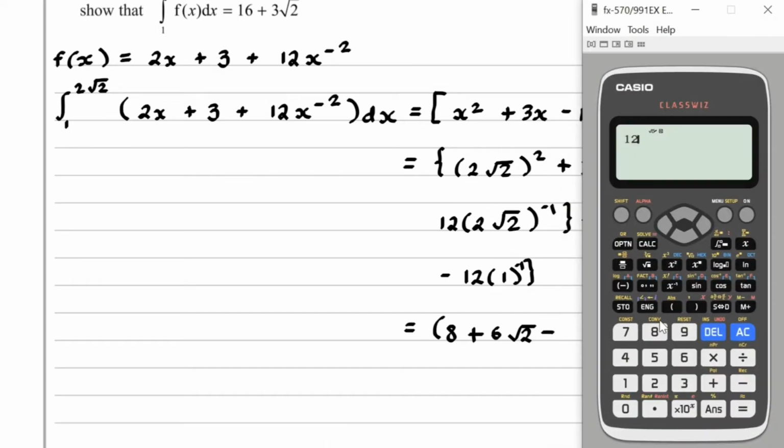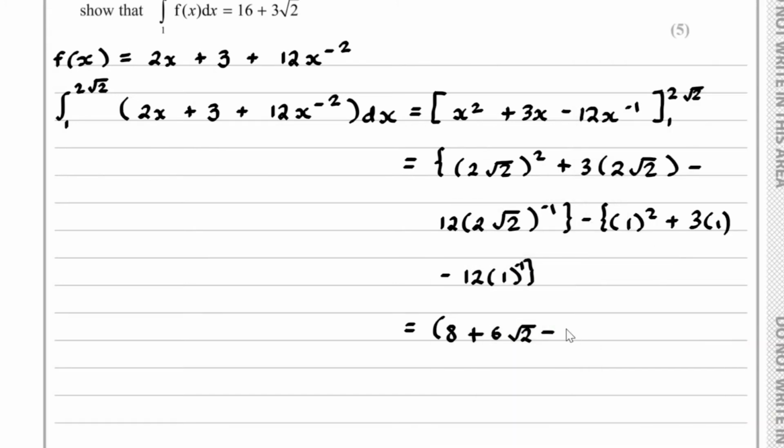And if you are uncomfortable with that, you can rewrite this as 12 over 2 root 2. And here we get 3 root 2. So I will subtract 3 root 2. That's for my upper bracket, and for my lower bracket, 1 plus 3 minus 12. That's minus 8. And so what we end up with here is 16 plus 3 root 2.